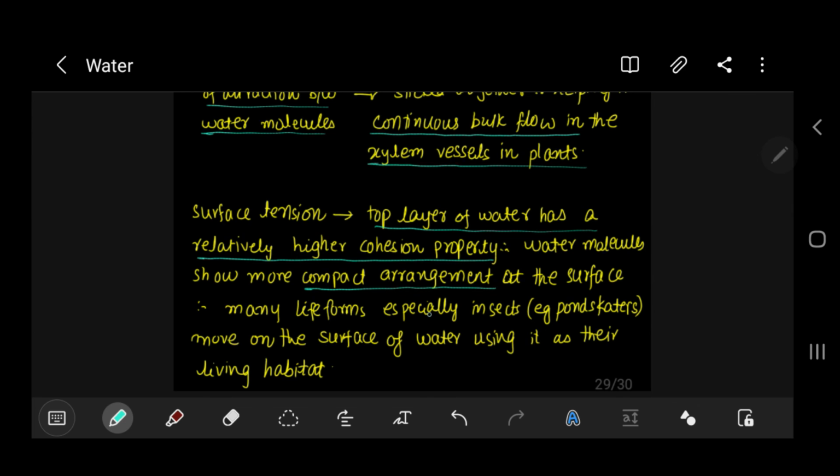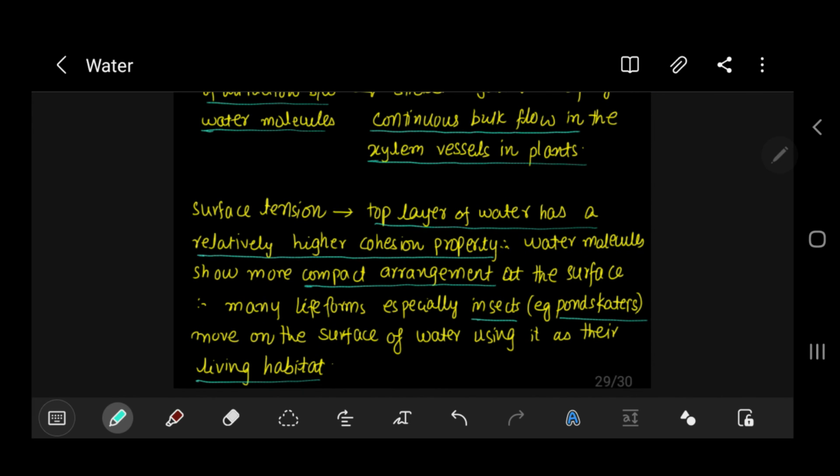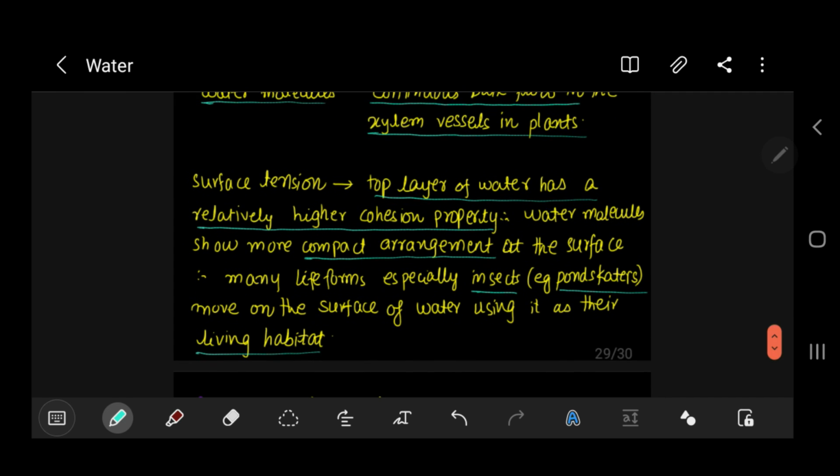Many life forms take benefit of this, especially insects, for example pond skaters, which move on the surface of water and use it as their living habitat. So this effectively creates habitat for many insects.